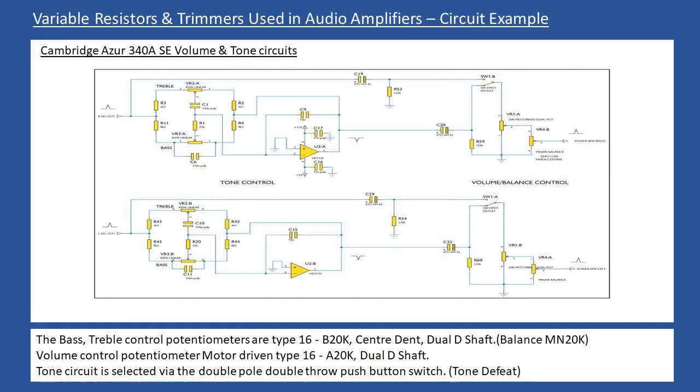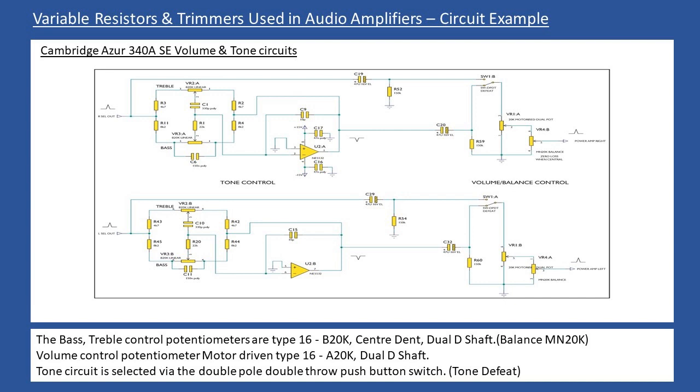The next part of the video, what I'm taking here, is an example of a circuit. So this is a Cambridge Azure 340A Special Edition, and what I'm showing here is the schematic which shows the volume and tone circuits.